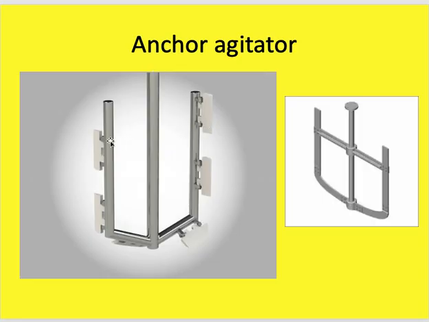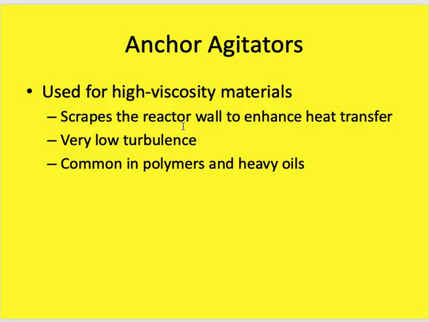This anchor agitator looks to the surface area, which controls the mixing between the reactants inside the tank, ensuring good mixing by this anchor design. Consider this anchor type when you remember the higher viscosity. It scrapes and cleans the reactor walls to enhance the heat transfer. Very low turbulence, and common, as we mentioned, in polymerization processes and heavy oil.